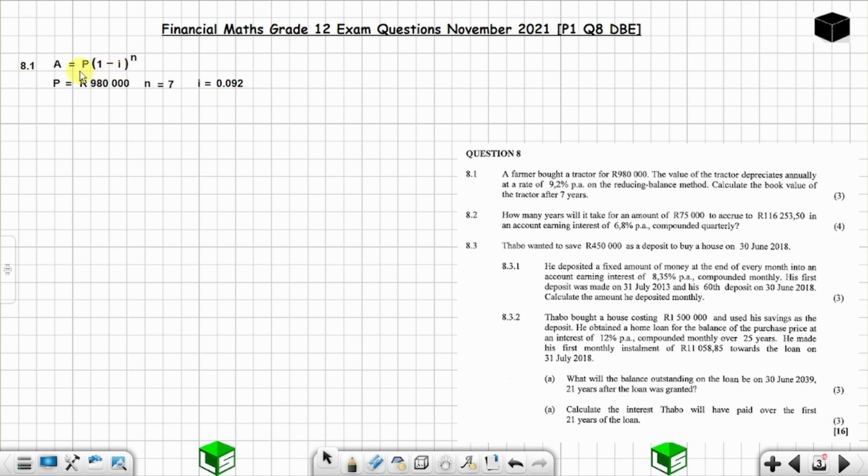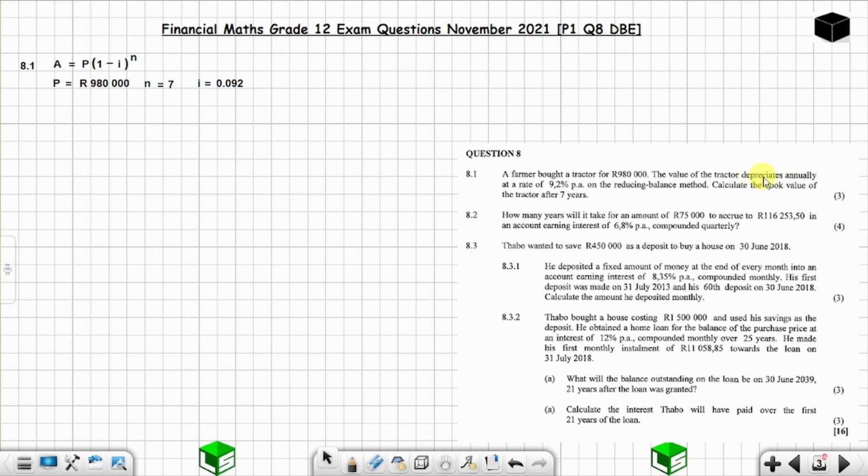Now you have P, you have I, your interest rate, and you have N. The question is to find A, the book value, the final value after 7 years. You are expecting a final answer which is less than the initial value, because the value is depreciating.